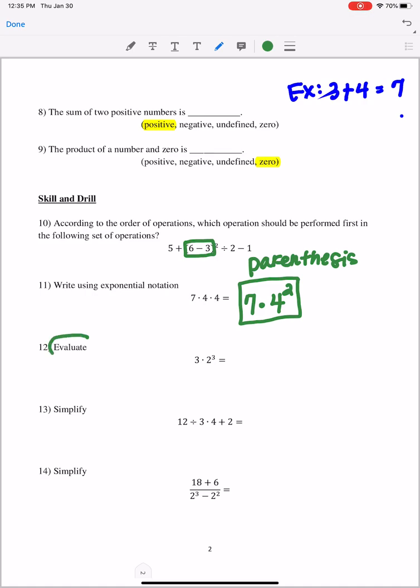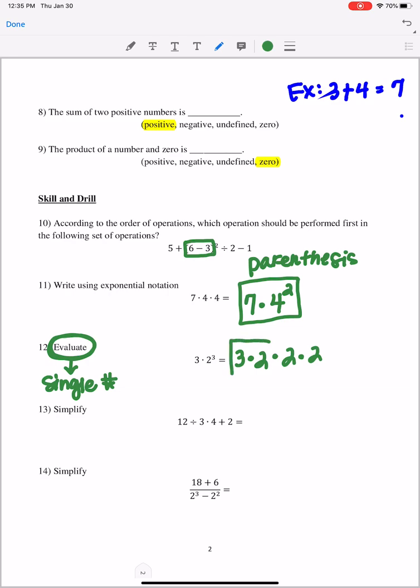Evaluate. When you see something that says evaluate, you need to get to a single number answer. So to evaluate this, I do need to expand this out. So this is 3 times, I have a base of 2, and then how many 2s do I have? 3. So times 2, times 2, times 2. Now, a lot of people will stop right here, but I'm not to a single number answer yet.